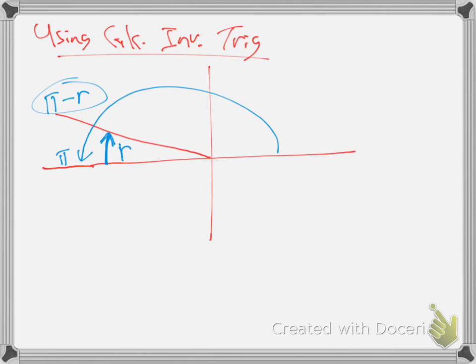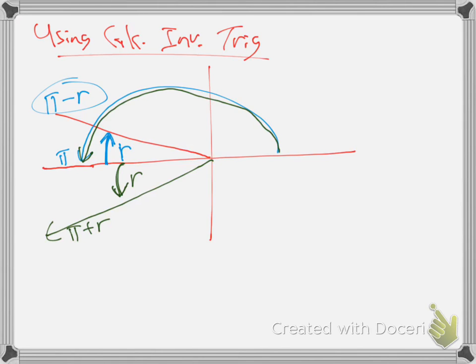If you're trying to find an angle in the third quadrant, again, this is r. R is the reference angle off the x-axis. It's going to be what? Can anybody tell me? Pi plus r, because you go all the way to here, pi, and then go r further instead of backing up r.